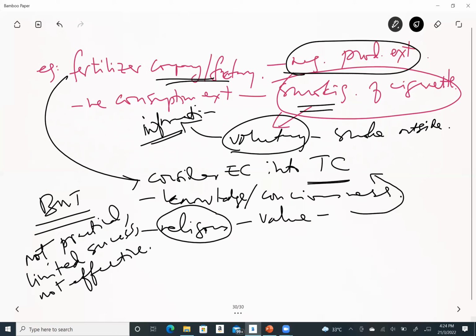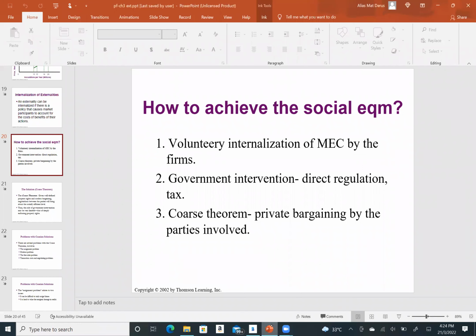Next, what was next? Next is the Coase theorem. You do the bargaining privately. The party that is generating the pollution or giving the externality, either positive or negative, negotiates or bargains with the affected party on their own. So there is bargaining here. Under voluntary, there is no bargaining.